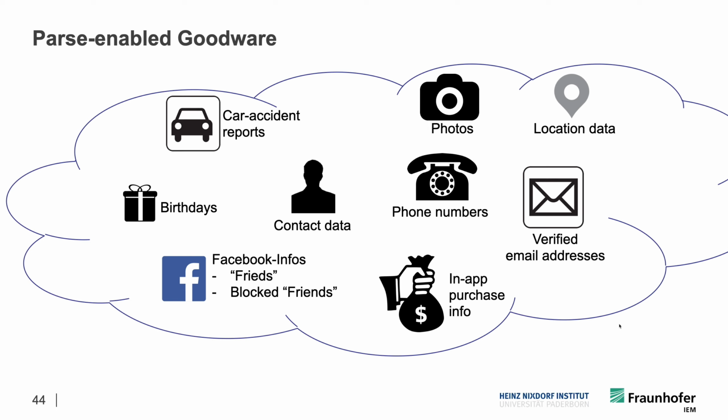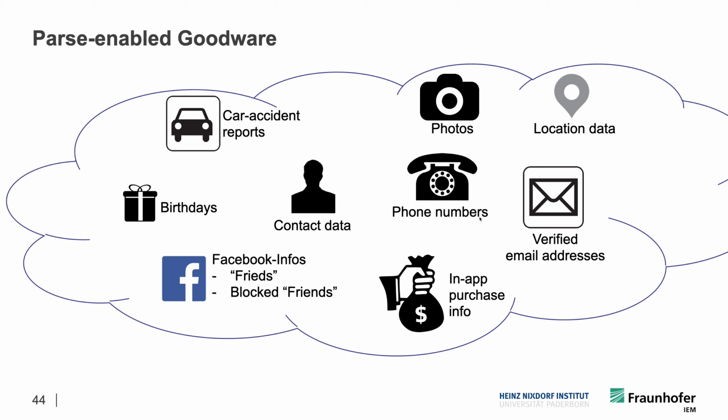And so what we found here was, for instance, car accident reports, birthday information, which might be sensitive, in general contact data by some apps, Facebook information such as friends and blocked friends. So this was not directly extracted out of the Facebook app, but out of apps that use the Facebook API.